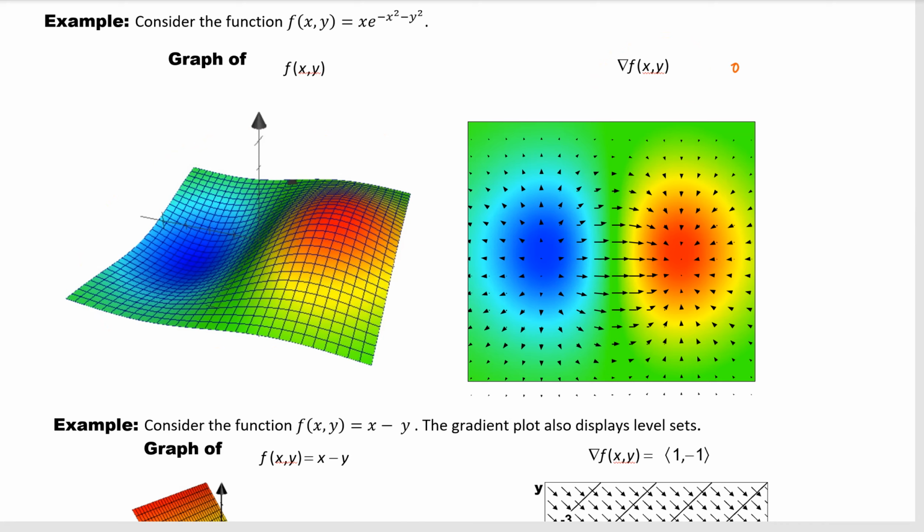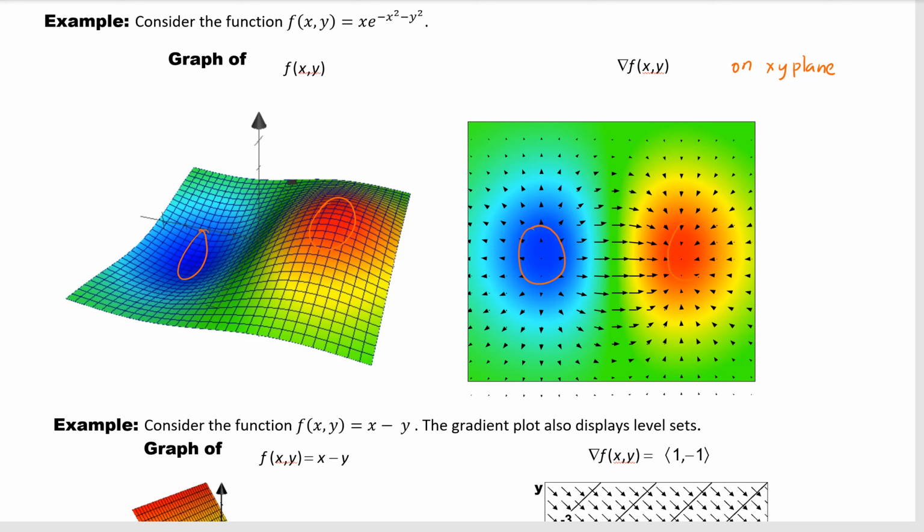So this is on the xy plane, it's two-dimensional. Now let's see what happened. You can see this one corresponds to this one. Okay, what can you see from this picture?